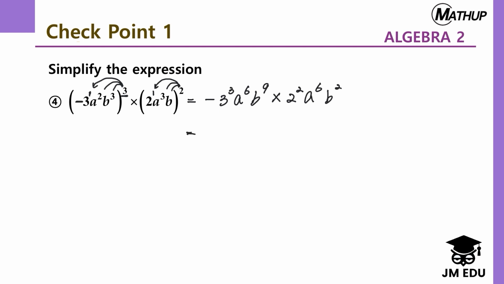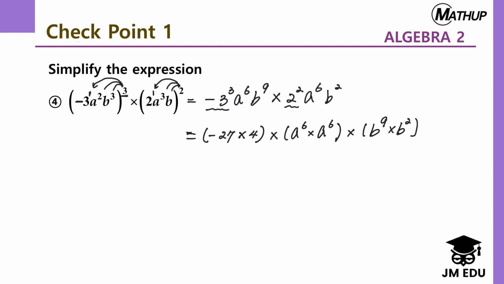Now we have the constant here. That's negative 27, right? 3 cubed is 27. Times 2 squared, that's 4. Times, we have a to the 6 times a to the 6. Times, we have b to the 9 times b squared.